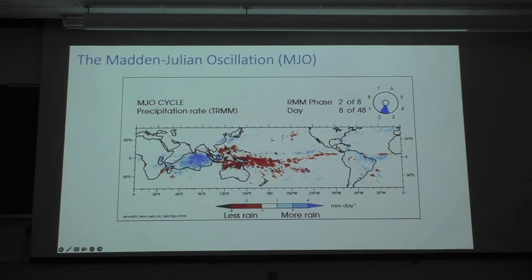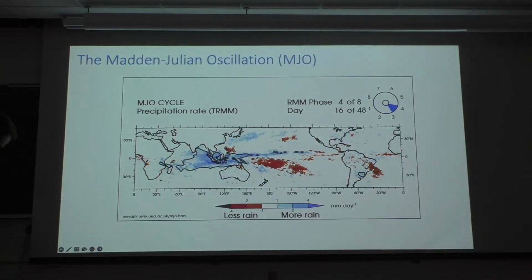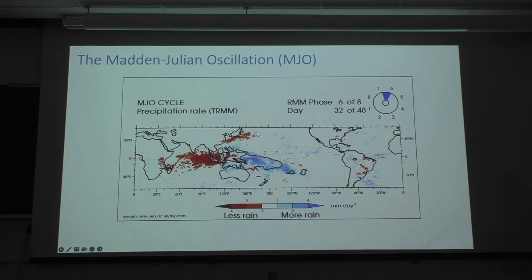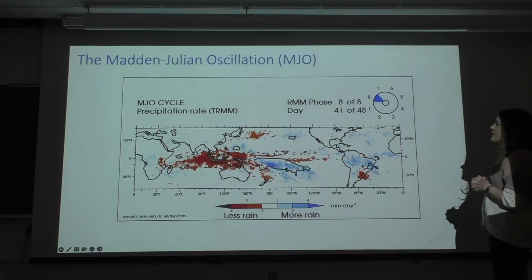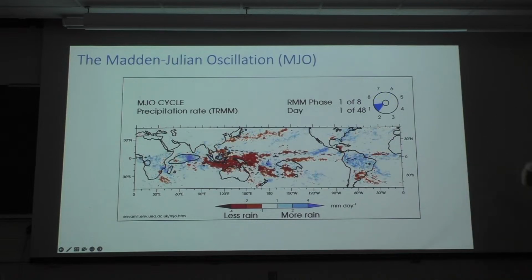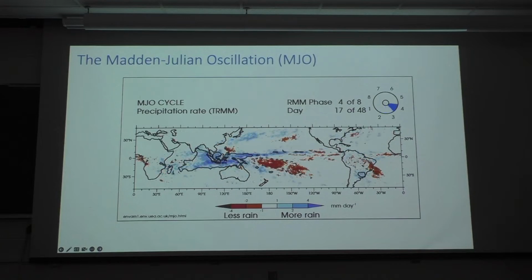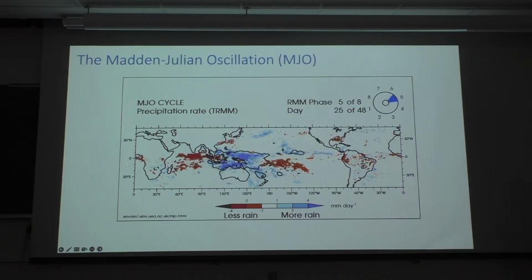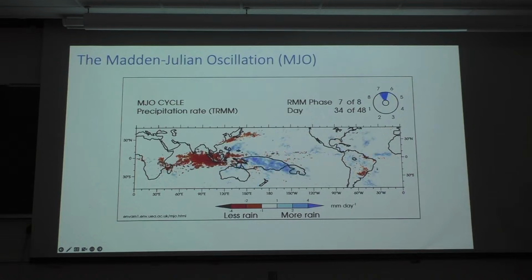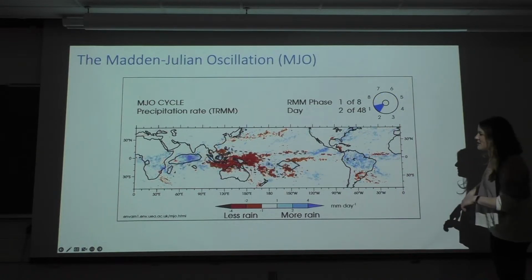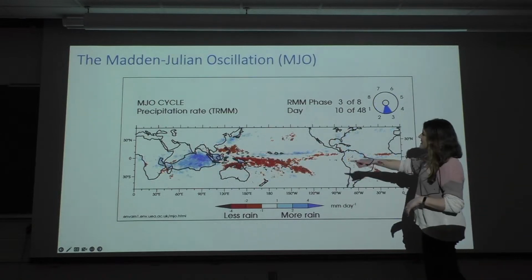So first, I'll just introduce the MJO for those of you that are not too familiar with it. This is a typical MJO event, and what's shown in the colors is precipitation from TRMM. The blues are showing enhanced precipitation, the reds are suppressed precipitation, or anomalously less precipitation.